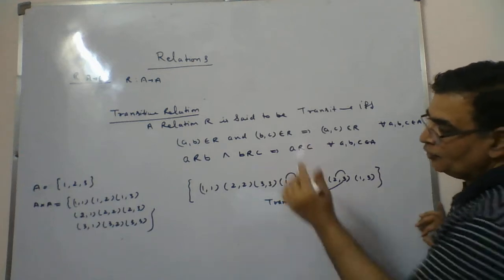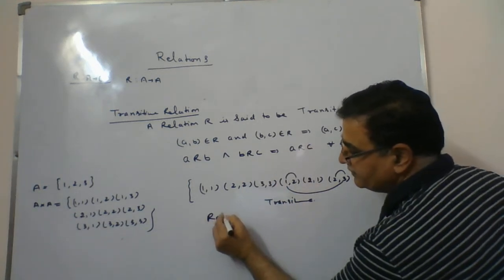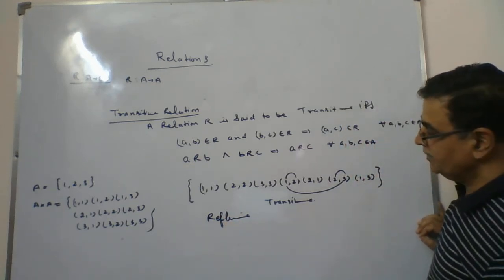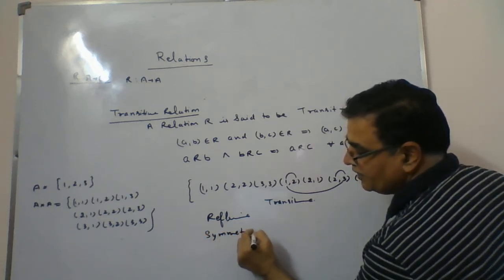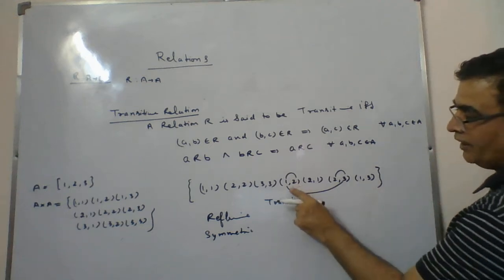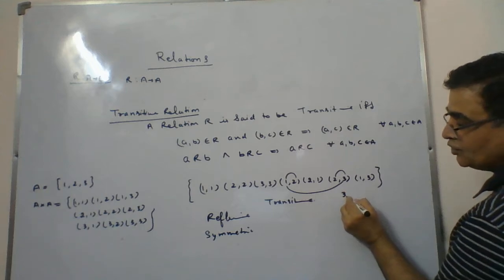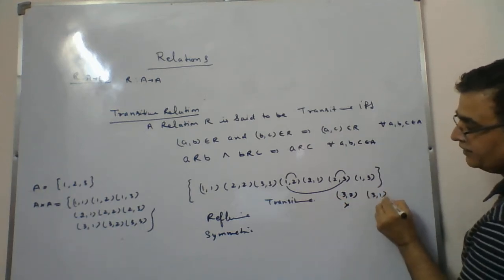So in this case, what kind of relation is it? Reflexive, yes, it is a reflexive relation. Is it symmetric? Anyone can tell? No. Why is it not symmetric? Because (1, 2) and (2, 1) are there, but (2, 3) does not have (3, 2). This is missing. (1, 3) is there, but (3, 1) is missing.